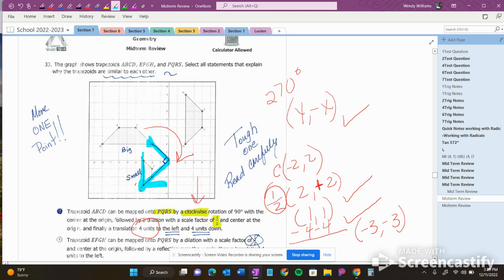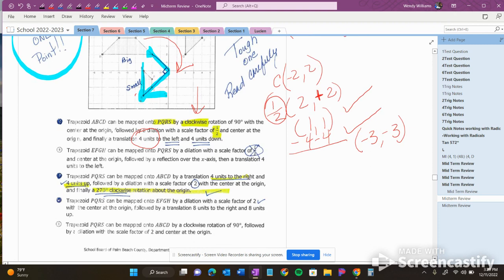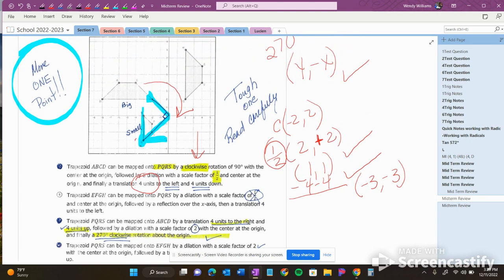These are not impossible, but you have to move 1 point at a time. You have to do more than one. Can be mapped onto by a dilation of a scale factor of 1/2, centered. If you move one of these coordinates, it's not going to work.